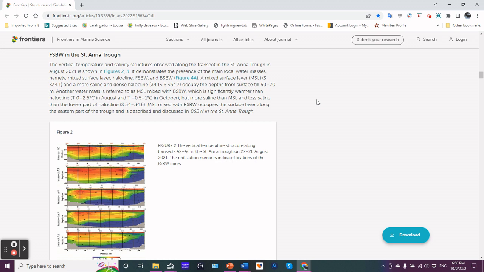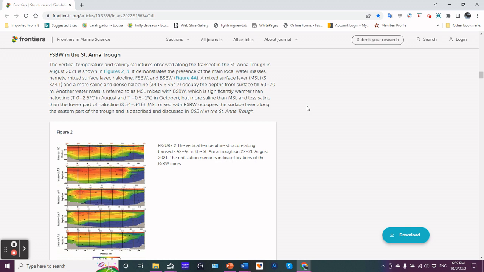A mixed surface layer, salinity less than 34.1 because of freshwater input, and a more saline and dense halocline, 34.1 to 34.7, occupied at depths from the surface to about 50 to 70 meters.